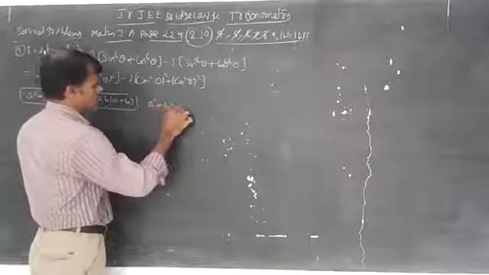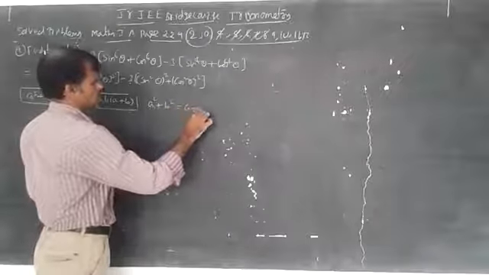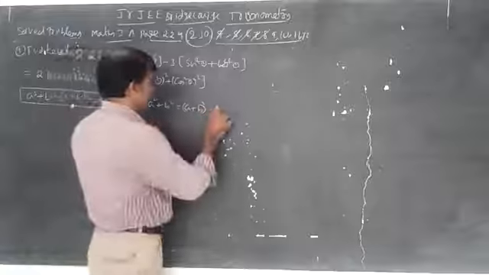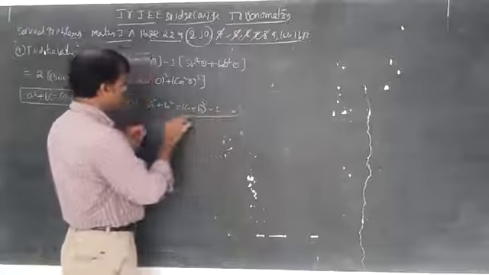Next, for a square plus b square, we should use a plus b whole square minus 2ab.